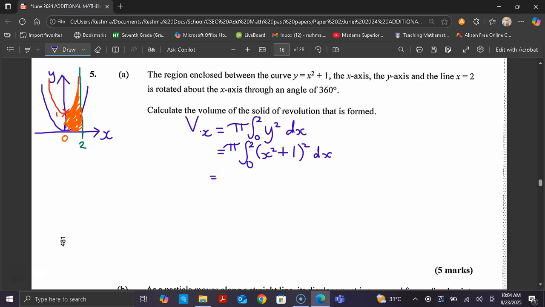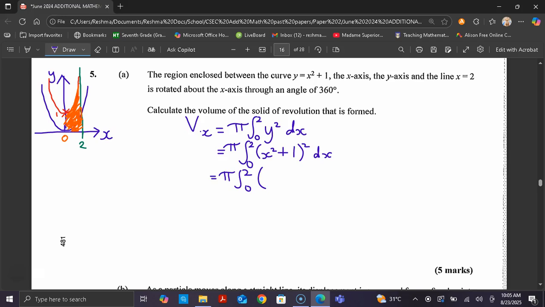Okay. So before we integrate, of course, we have to expand the brackets x squared plus 1 squared. So I'm just going to use the identity a plus b all squared to expand this the short way instead of using FOIL.